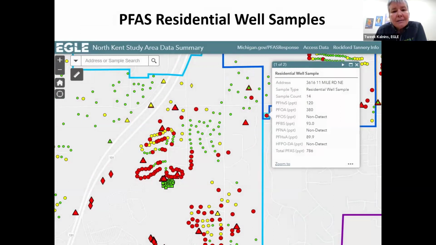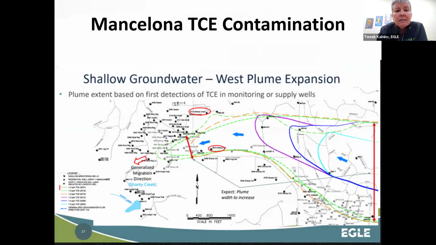Obviously, PFAS, sampling residential wells. It's got the information here, and you can click on each individual well, and it'll give you the information on the sampling and that sort of thing. So again, we couldn't do this if we didn't have accurate well locations.